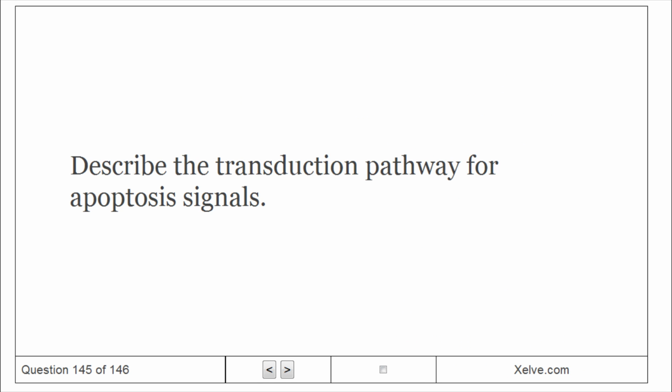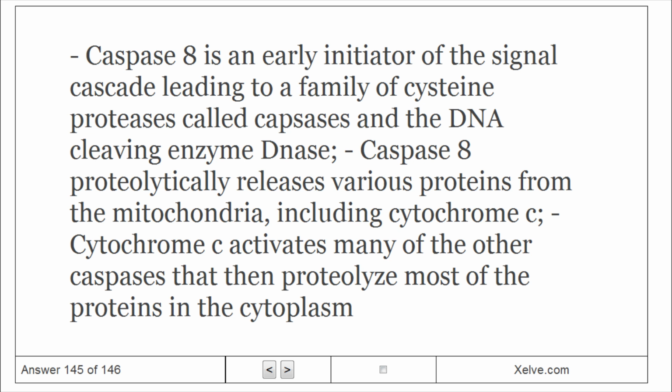Describe the transduction pathway for apoptosis signals. Caspase 8 is an early initiator of the signal cascade leading to caspases and the DNA-cleaving enzyme. Caspase 8 proteolytically releases various proteins from the mitochondria, including cytochrome c.